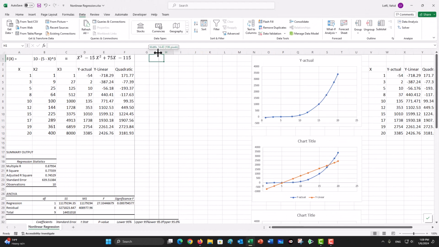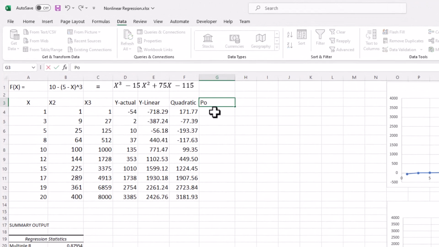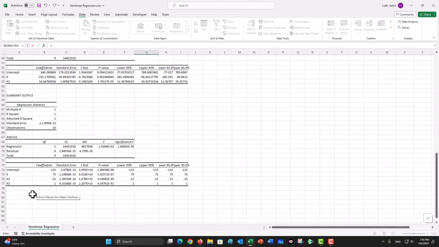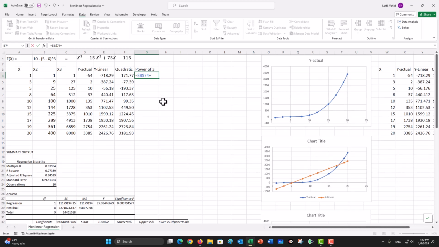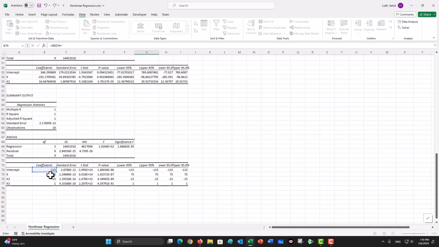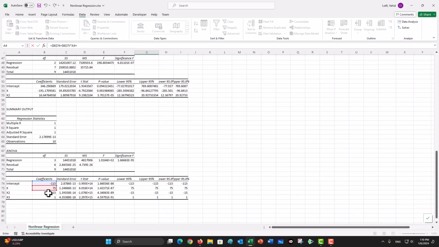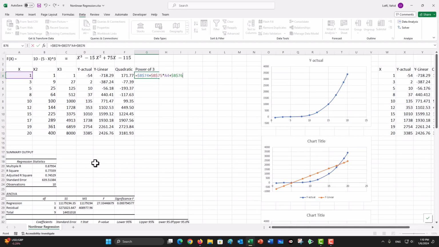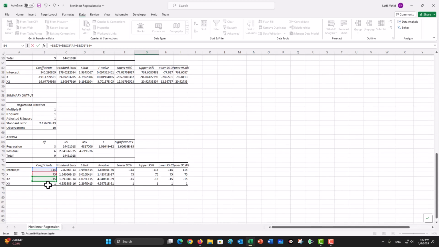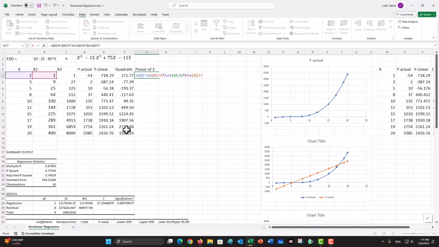Here I'll just call this power of 3 and start typing the regression function equation, which is going to be equal to our intercept, and I'll make this an absolute cell reference, plus the coefficient for x1, which was 75, make it an absolute cell reference, multiplied by x, plus the coefficient for x2 or x to the power of 2, absolute cell reference, multiplied by x2, plus the coefficient for x3 or x to the power of 3, multiplied by x to the power of 3, and that is our value.